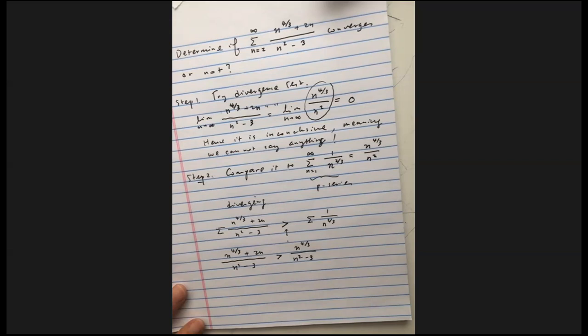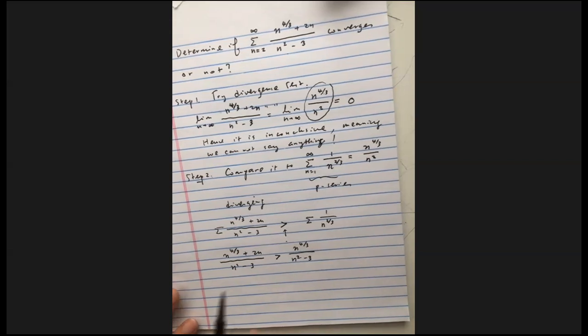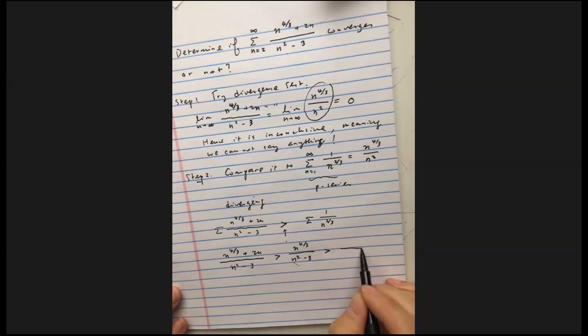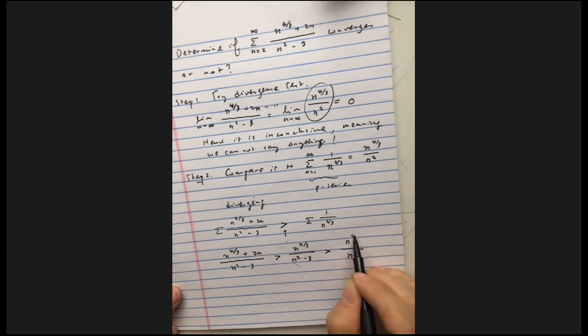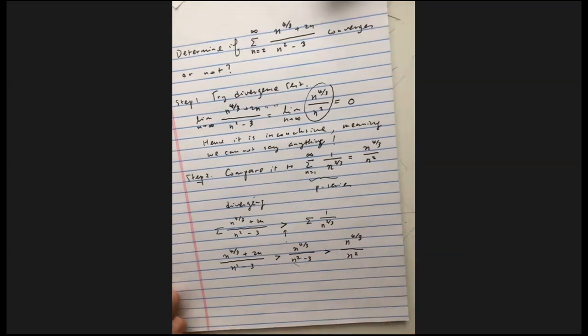If you make the numerator smaller, your fraction becomes smaller, right? If I forget about the 2n part, which is always positive, I'm getting something smaller, right? But if I make my denominator larger, I'm making the fraction even smaller. So if I forget about the -3 part, I get these. Do you guys agree? Okay.